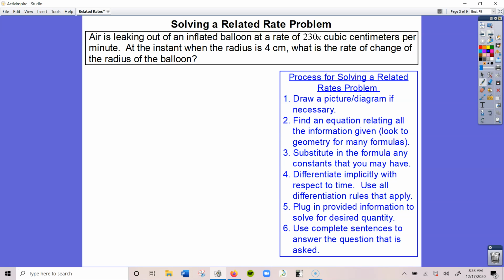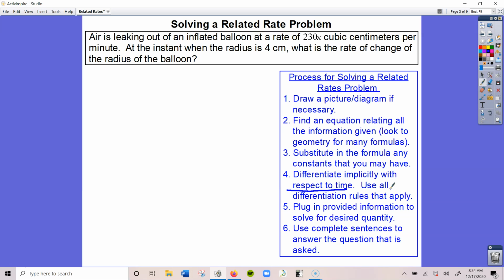Okay, then we're going to substitute in the formula any constants that we may have. So anything that is definitely not going to change, we can plug into the formula before we differentiate. And remember that when we differentiate, we're always going to differentiate implicitly with respect to time. So everything will be over dt.